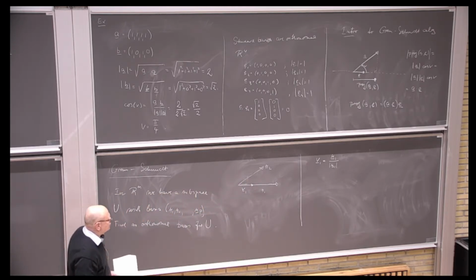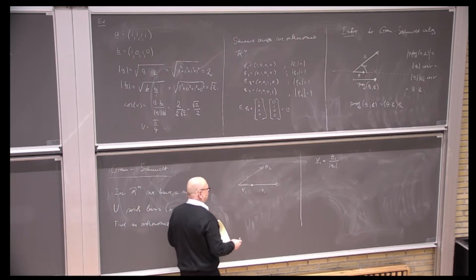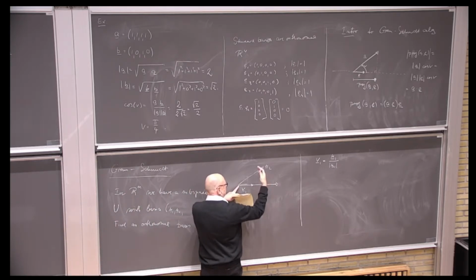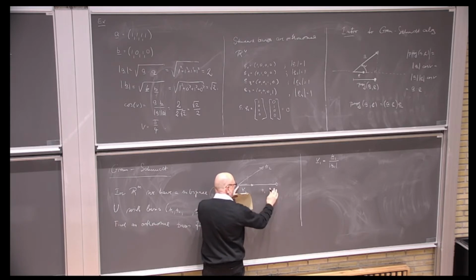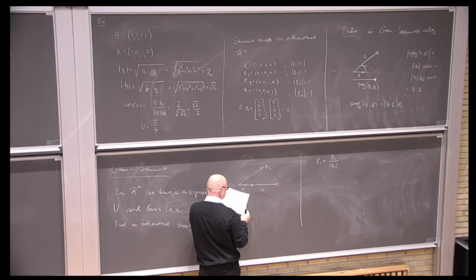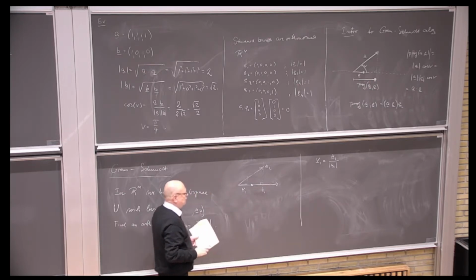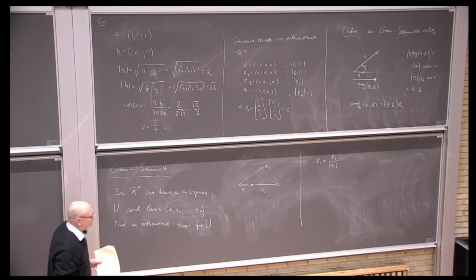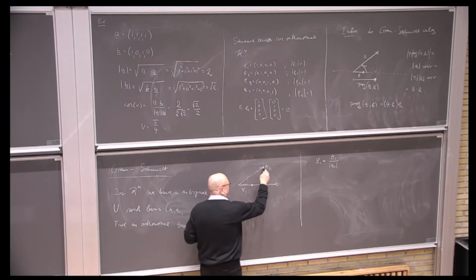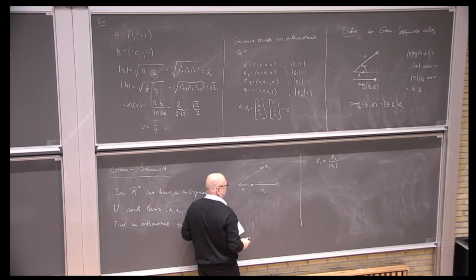Now you want to use the information in order to create a vector that is perpendicular to U1. So let me draw a line here that is perpendicular to U1, and it goes through the end of U2.